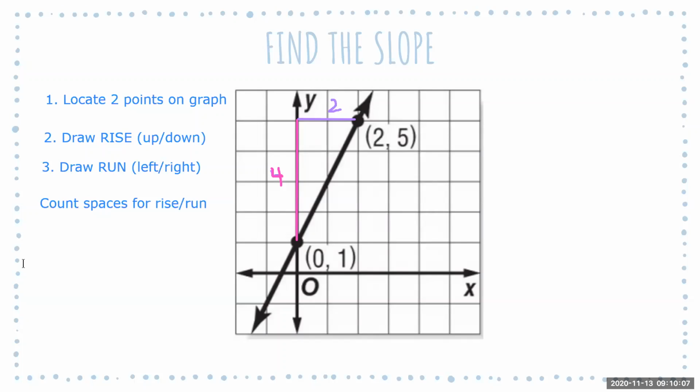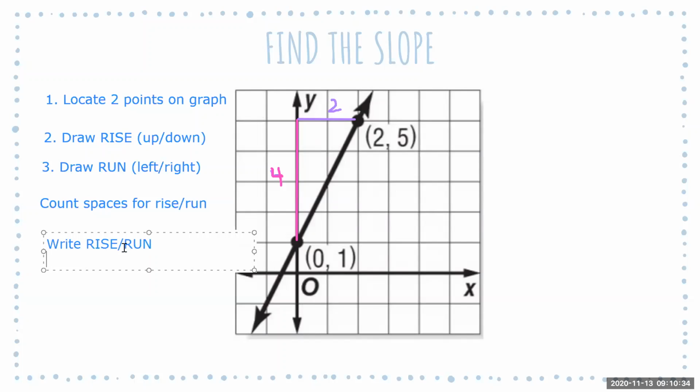And then once we count the spaces, we want to write, I'll do this in blue, write our rise over run. And then there is a very key thing here when you're doing rise over run, which is whether or not your slope is positive or negative.